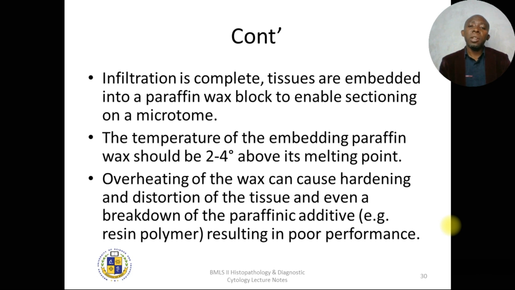So overheating of the wax can cause hardening and distortion of the tissue and even break down the paraffin additive, like for example the resin polymer, which may result in a poor performance.